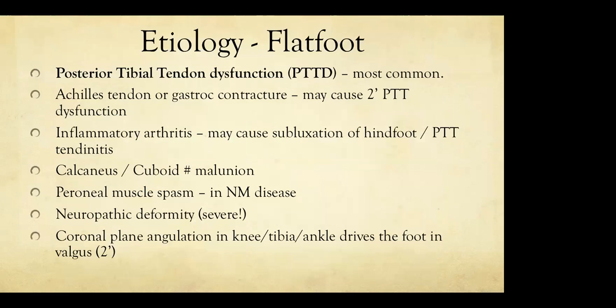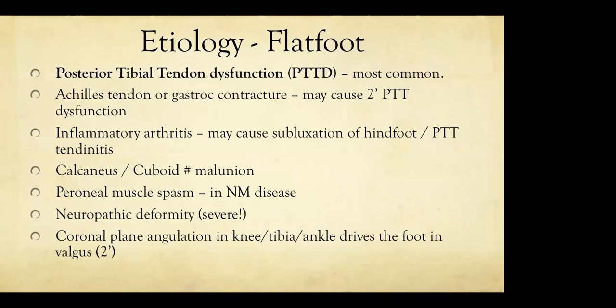From history, the etiology of the flat foot should come out, whether it is tibialis posterior dysfunction or due to any secondary contractures of the gastrosoleus, whether there is any inflammatory arthritis causing it or any malunion of calcaneum or cuboid, whether there is any history of trauma, any muscle spasms in neuromuscular diseases, or neuropathic deformity which is severe.